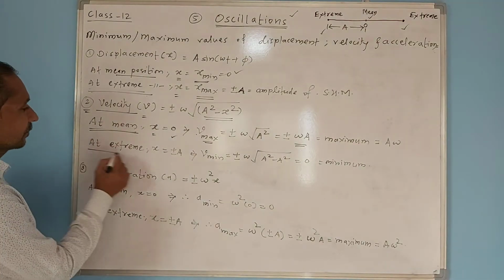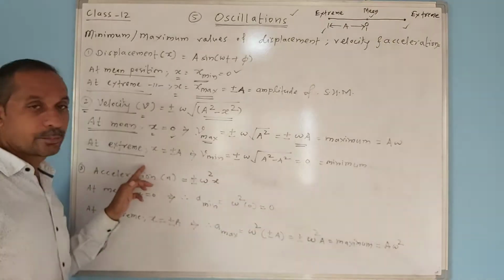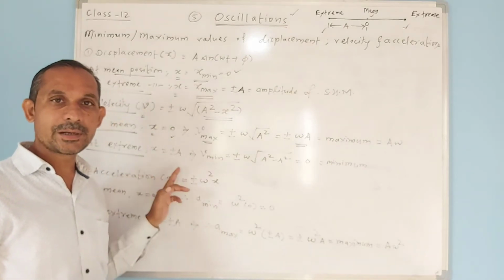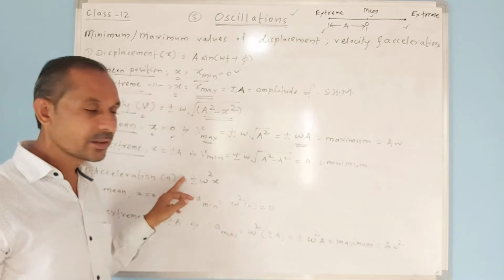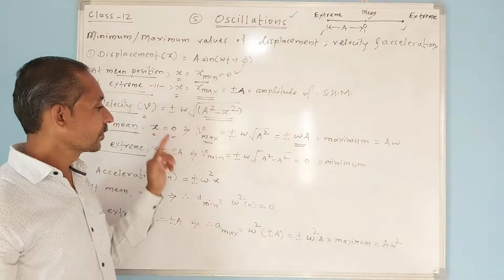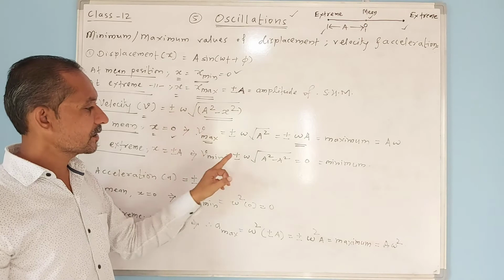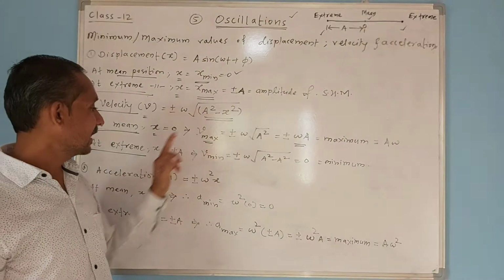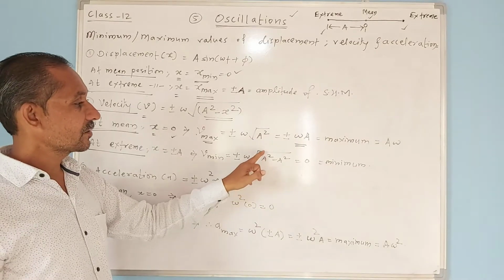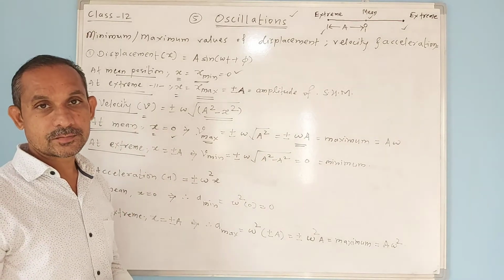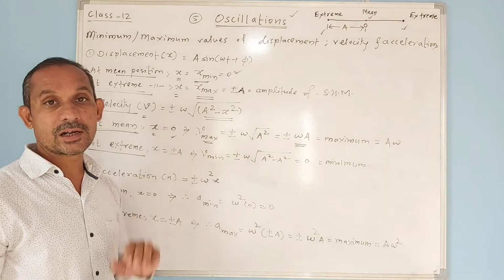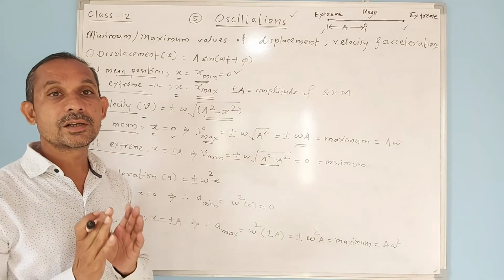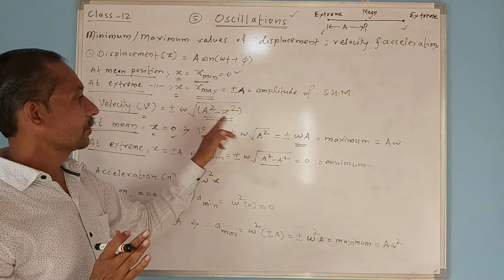Then the minimum at the extreme position. At the extreme position, displacement will be maximum, positive or negative a. Place this value in this relation, we get plus minus omega under root of a square minus x square, but x square means a square minus a square. So we get the minimum difference.